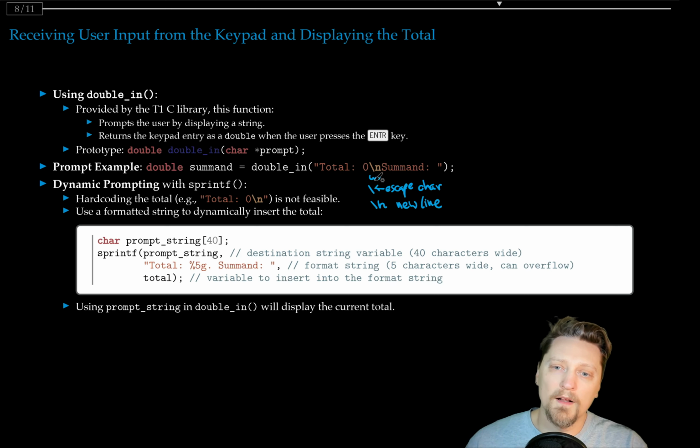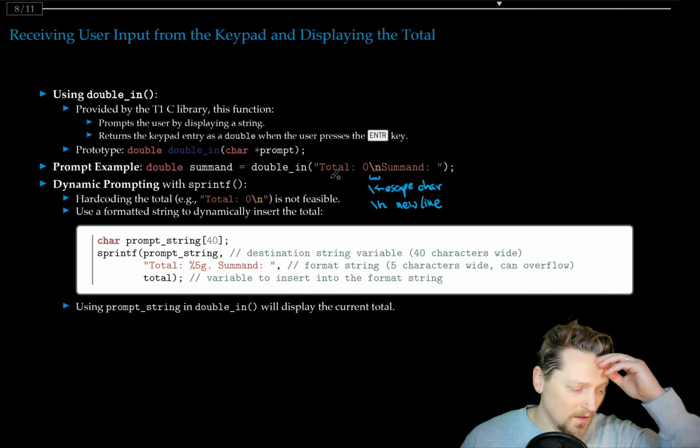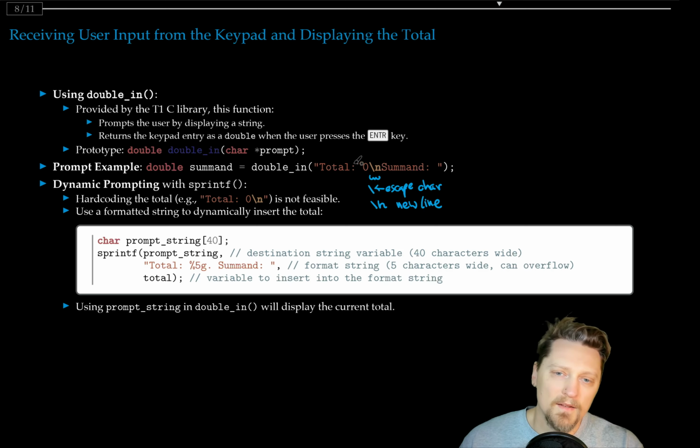So our LCD is no different. When we see this, it will create a new line there. So we have a multi-line display, and it'll write total 0 on the first line, give us a new line, and then summand, colon, and then space will be printed. And then the user will enter a value.